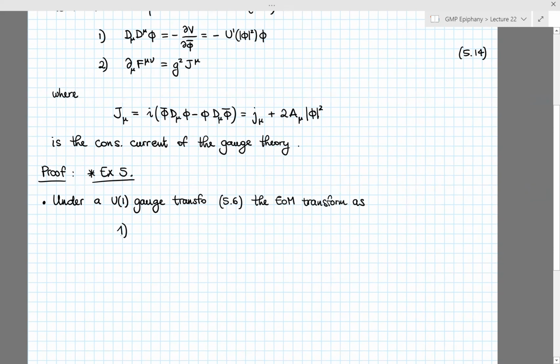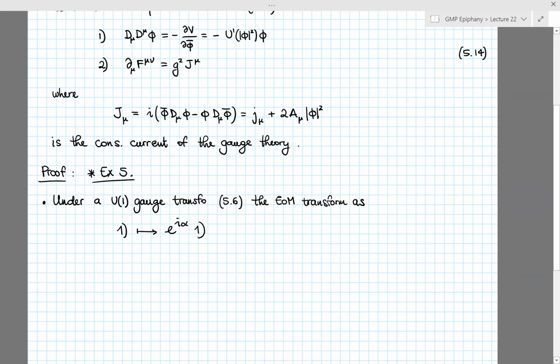The first equation, for the scalar field, so phi transforms covariantly, has charge 1, the derivatives D_mu are covariant, and so the left-hand side, and the same also applies to the right-hand side, in fact, transform covariantly, like a field of charge 1, and so in particular, they will be multiplied by e^{i alpha} if we perform a gauge transformation.